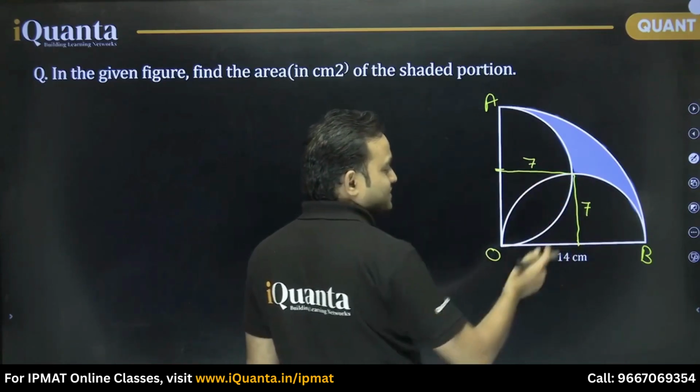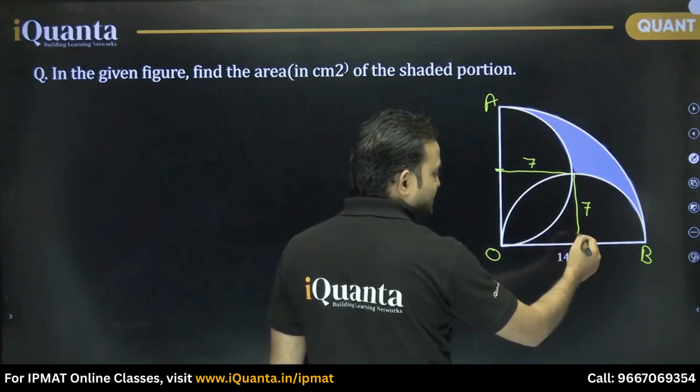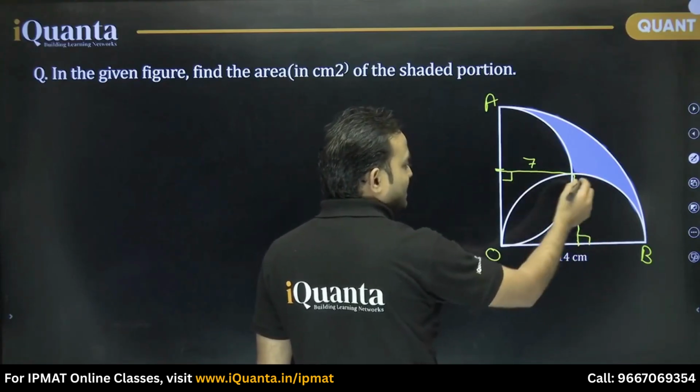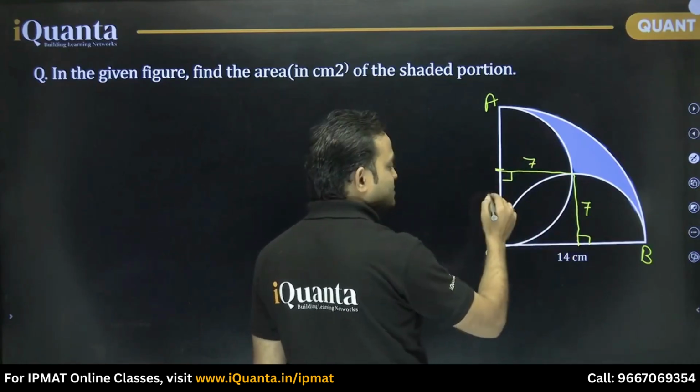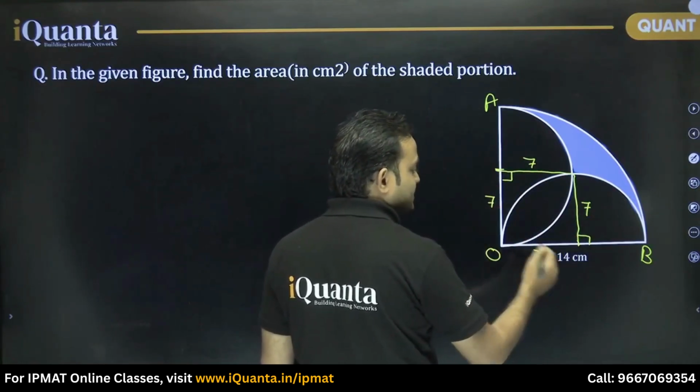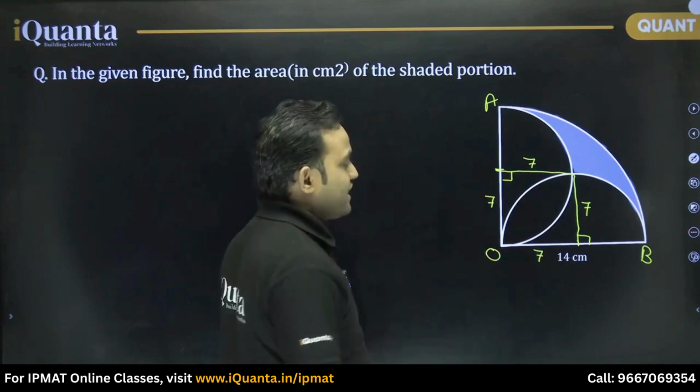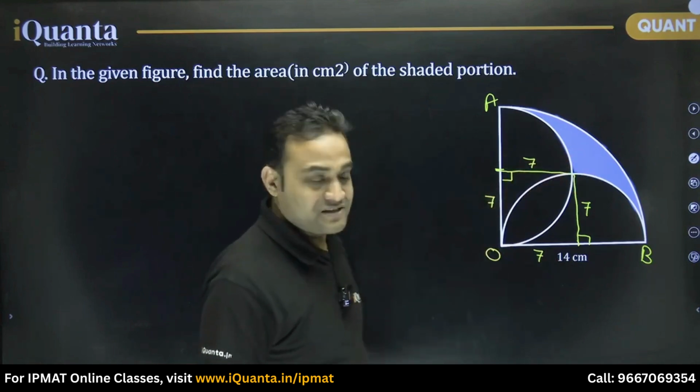Now what's left? Again, we are left with quarter circle here. We are left with this quarter circle, and this will become a square because this is also radius 7, this is also radius 7. So what we need to find is area of this shaded region.